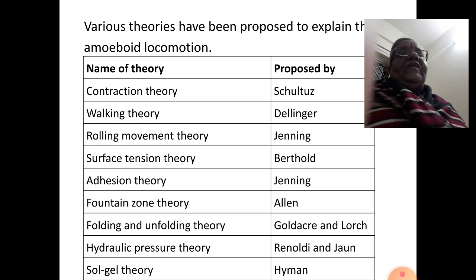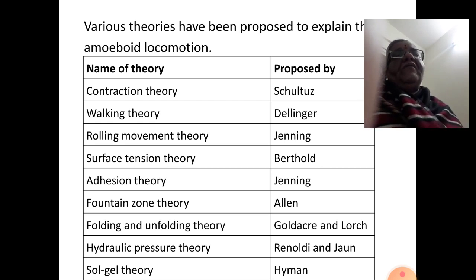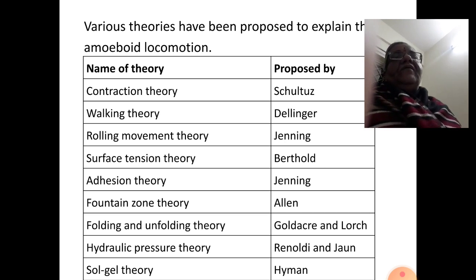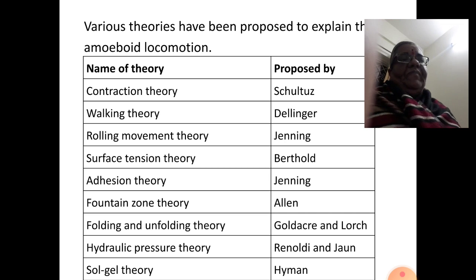Now, various theories have been put forward to date to give a convincing explanation for amoeboid locomotion. Around 9 to 10 theories have been proposed. But of all these, the most convincing theory which explains the amoeboid locomotion happens to be the sol-gel theory proposed by Hyman.